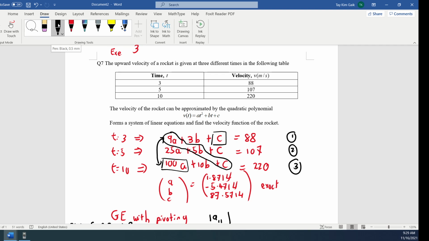Symmetric positive definite: symmetric means A must be symmetric with respect to the diagonal. So A12, row 1 column 2, must be symmetric with row 2 column 1. It's not symmetric. This is 1, this is 100. This is 1, this is 10.